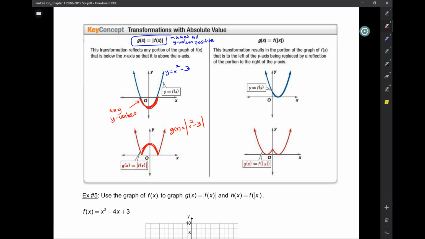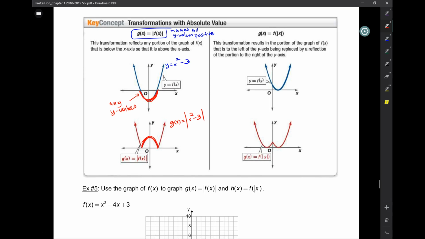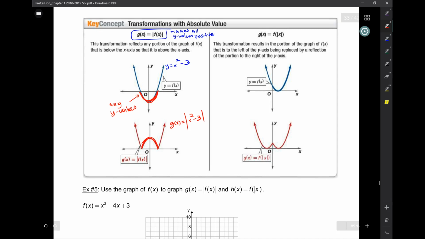Okay? Now, as opposed to if only the x is in absolute values, so f of x like this.